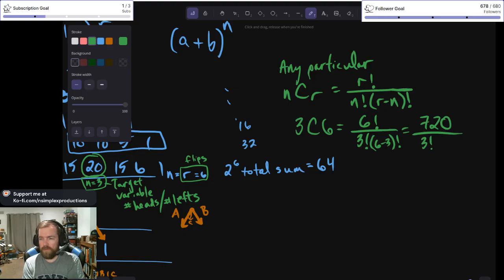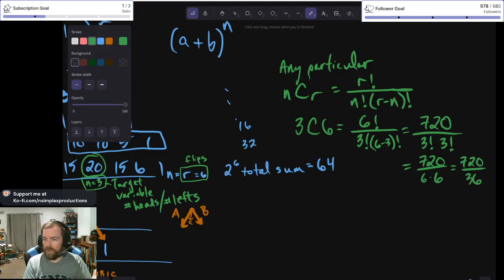So 3 factorial, which are each 6. So it's 720 over 6 times 6, or 720 over 36. However you want to do it, right? 36 into 72 goes twice, and then we have none left over, and we have an extra 0 to deal with.